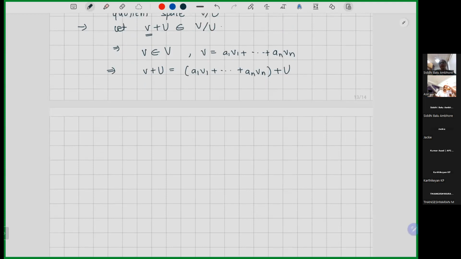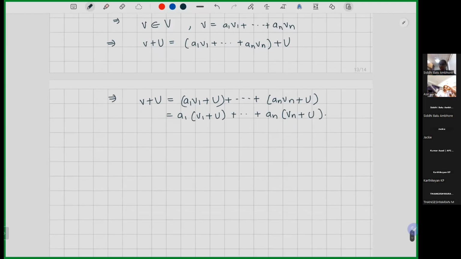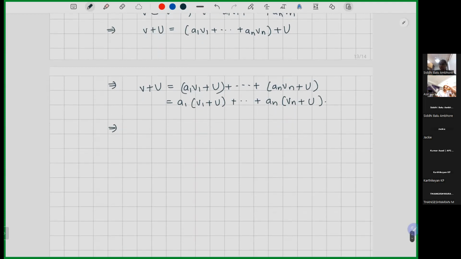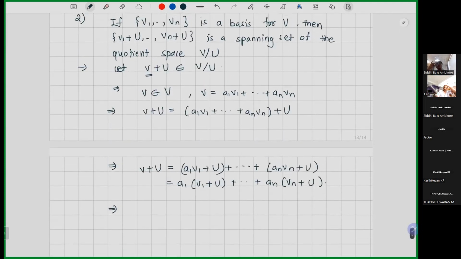I'm just writing V plus U using this expression for V. And this is what? This is A1 V1 plus U, up to An Vn plus U. This is the definition of addition in quotient spaces. And this is A1 into V1 plus U, plus, up to An into Vn plus U, right? So we can write any element V plus U from the quotient space as a linear combination of these elements.